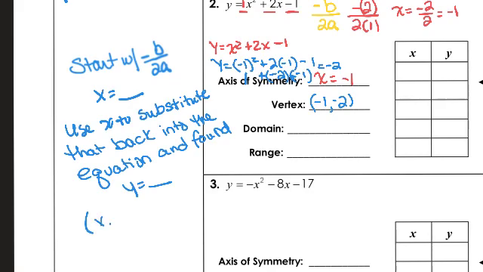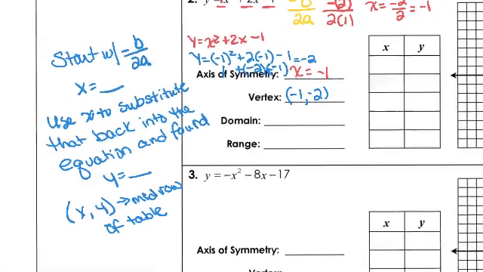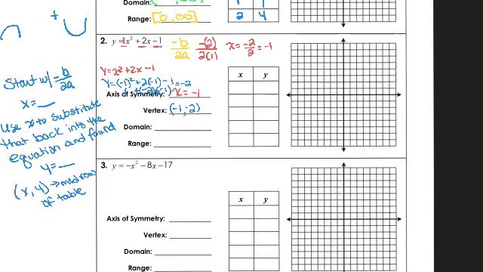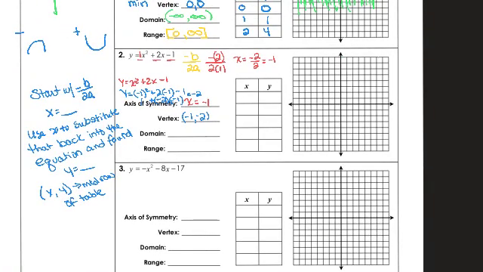Once you have your xy pair, you're going to use that to be the middle row of your table, and then find the values around it to graph it. Then you can decide your domain and range. Okay, so we now know that our vertex is -1, -2.